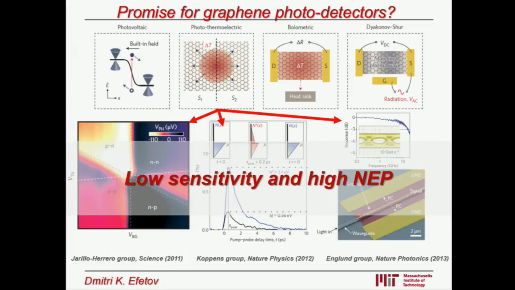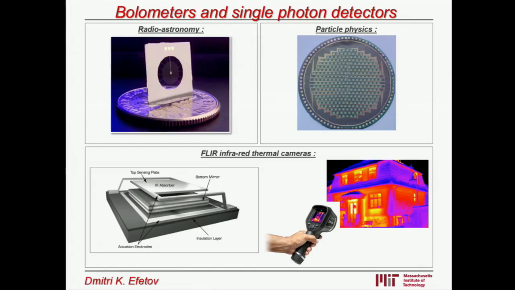So if you want to push those detectors towards the quantum limit, if you really want to detect a single photon, then the photothermoelectric effect is probably not the way to go. The rest of my talk is going to be about the bolometric effect in graphene.